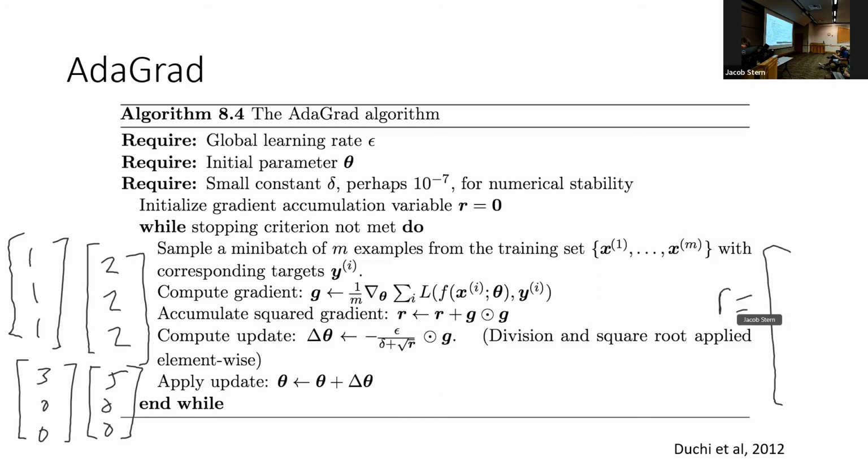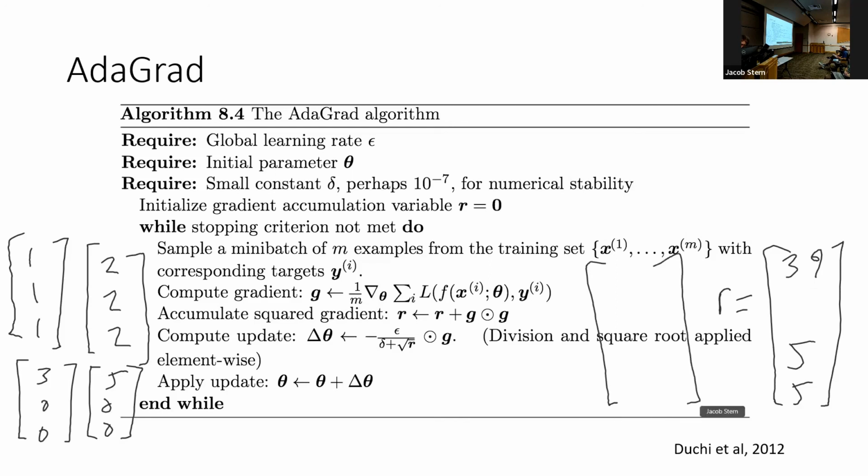This is R. What will entry 2 be? Oh yeah, I already wrote it out. Whoops, I thought there were 4. So our R vector will be 39, 5, 5. And then we're multiplying by 1 over the square root of R, which is going to be about 1/6, and then the square root of 5 is about 2, so 1/2 and 1/2.